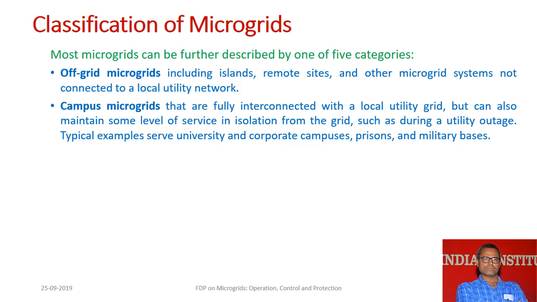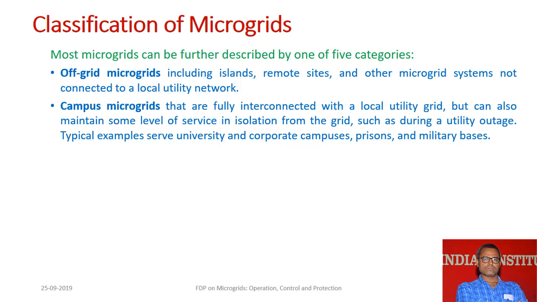Campus microgrids are fully interconnected with the local utility grid, but can also maintain some level of service in isolation from the grid, such as during a utility outage. Suppose an outage happens, inside we can also supply emergency supplies. We have some DGs also, diesel generators, right?